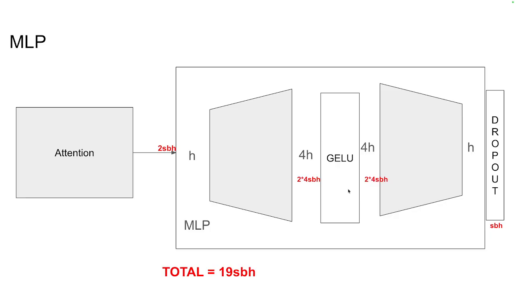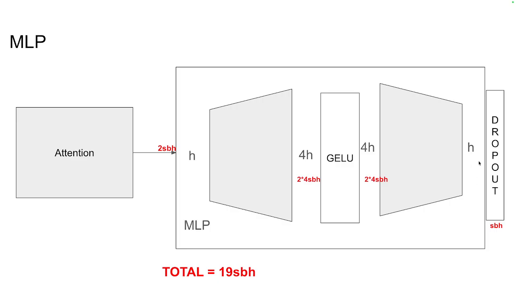non-linear activations. So if you see here, you need to store these activations, which is basically as you're expanding into 4 times, so it's like 4 SBH, and your precision is BF16, hence this 2 factor will come up. And also after applying GELU, you need to store post-GELU activations, hence this 8 SBH will come up.